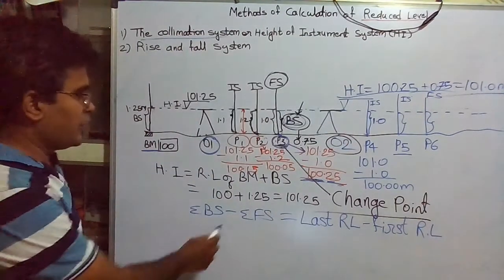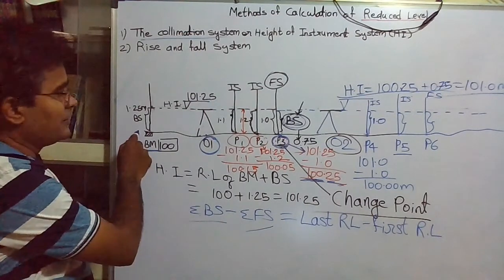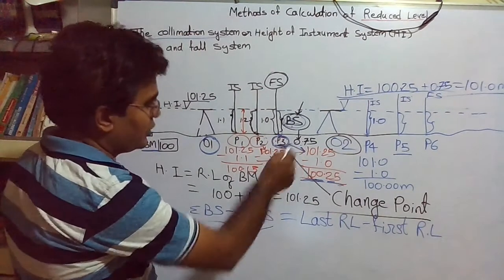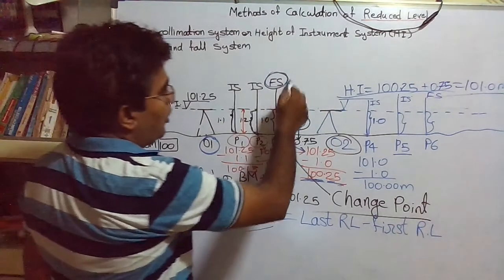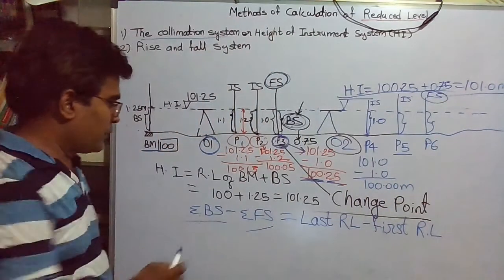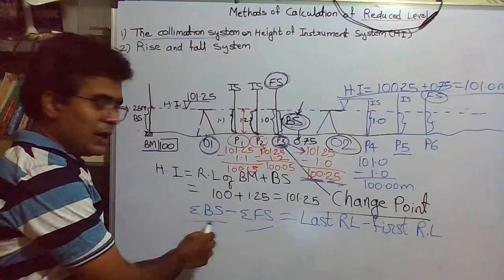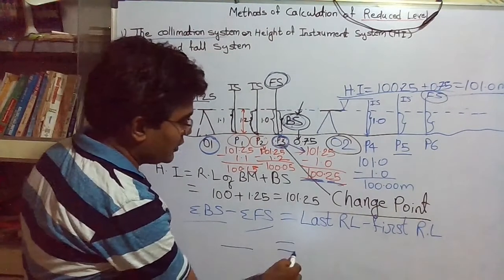Okay, this is the check. Summation of backside minus summation of foresight: suppose here is a backside reading, and there is one more backside reading, so we sum up all backside readings and subtract the sum of all foresight readings. We will get a certain value, and that value should be equal to what?